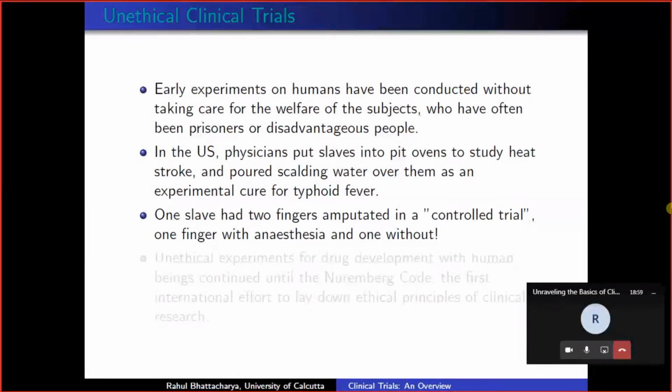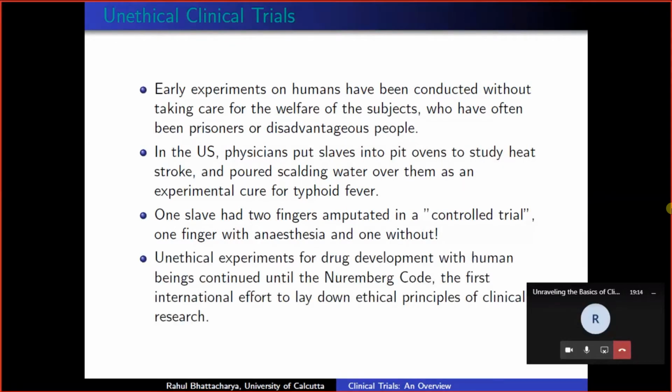So this is a controlled trial, but obviously this is an unethical clinical trial. There is no ethics for the involved patients or involved subjects. I am just giving you two examples of this type of experiment.